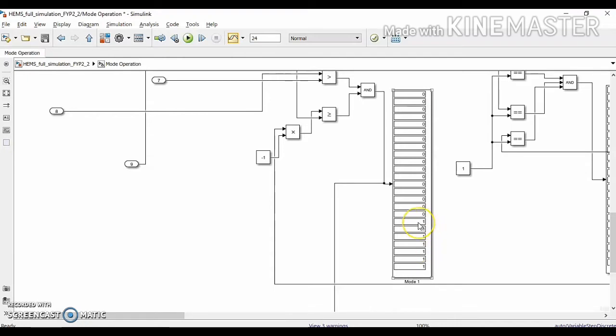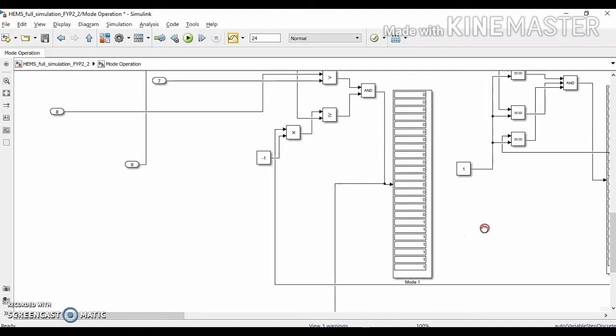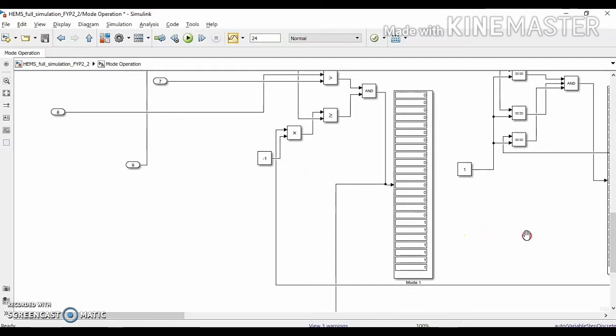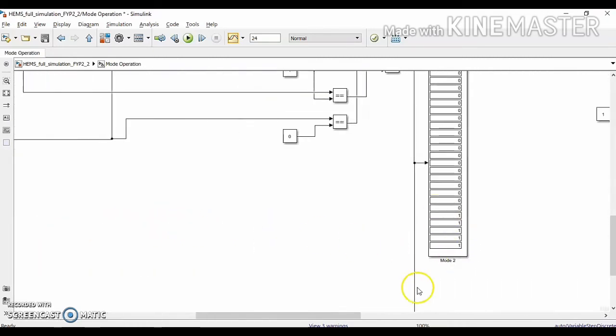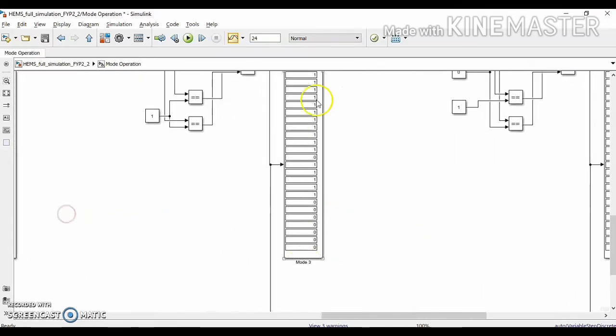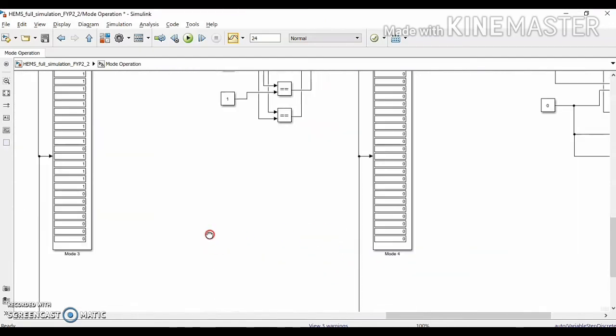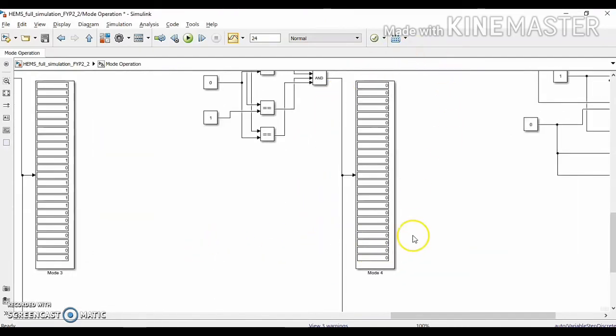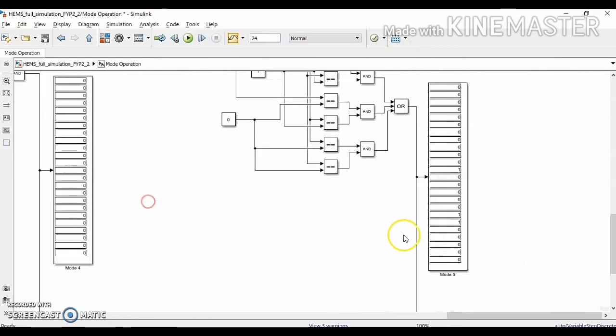But from 6 p.m. we can see all of this is peak hour, so we need to shift the load into the off-peak hour. So this one is mode 2, mode 3, mode 4 and mode 5.